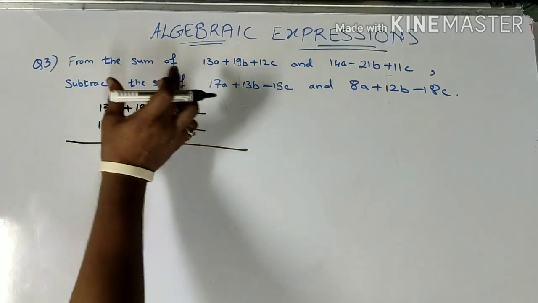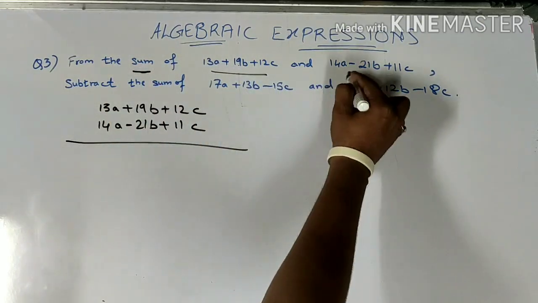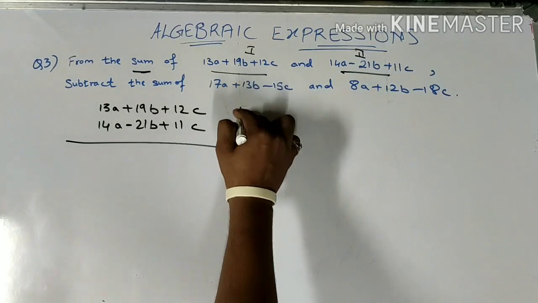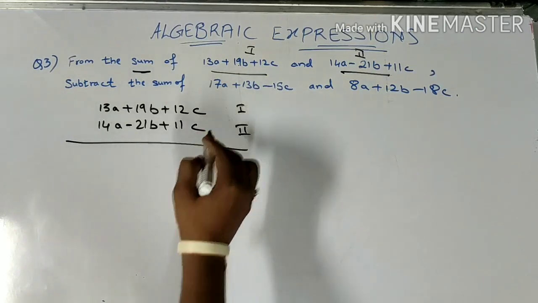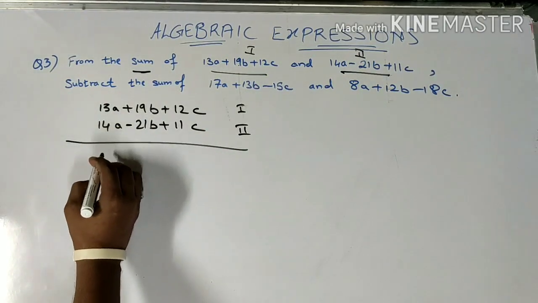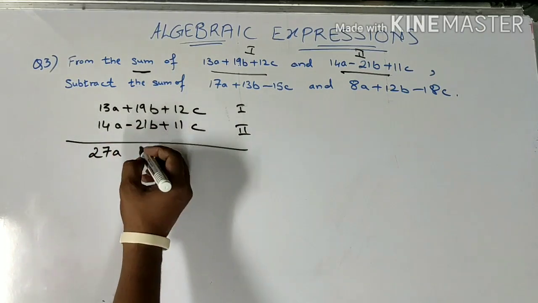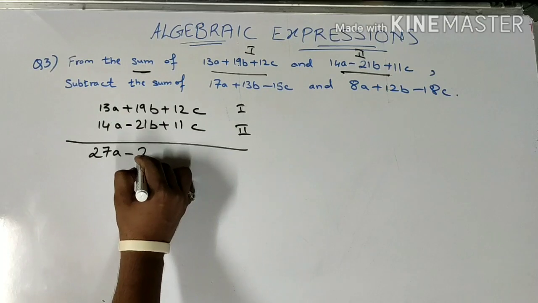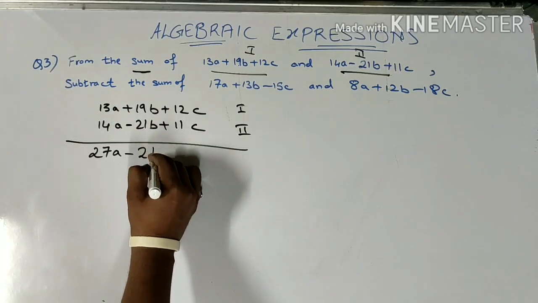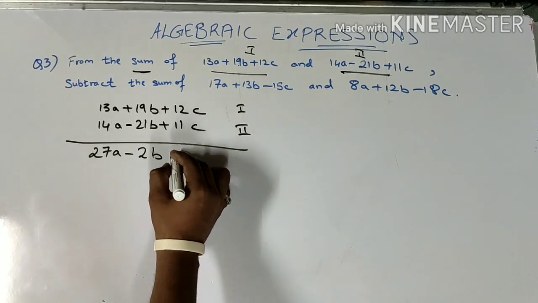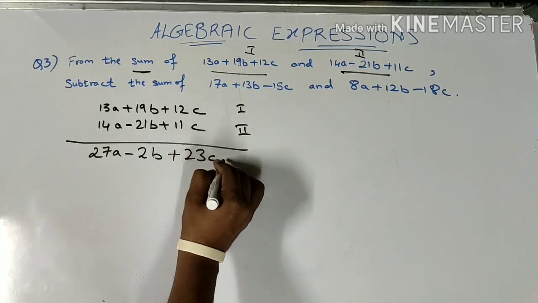When you add these two algebraic expressions, let this be 1, let this be 2. So this is my 1, this is my 2. So 13 plus 14 gives you 27a. 19 minus 21 gives you minus 2b, and 12 plus 11 gives you 23c.